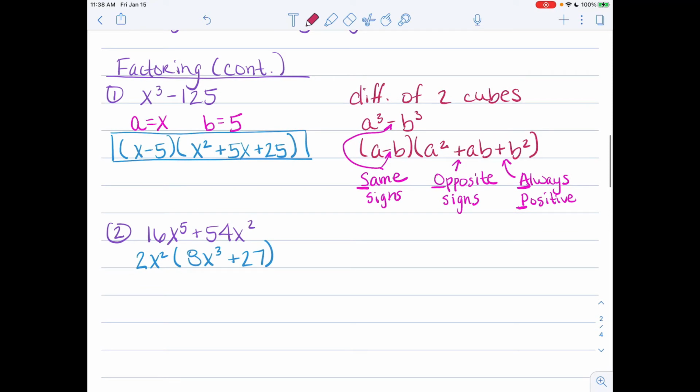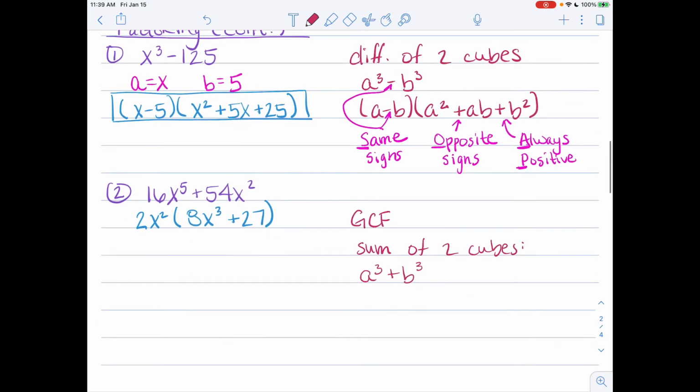The first thing that we actually did was a GCF, so I'm going to make a note that the line we just wrote was GCF, and now the next line that I'm writing is going to be based on sum of 2 cubes. I need something in the form of a cubed plus b cubed, and I have that. I confirmed that everything was a perfect cube.